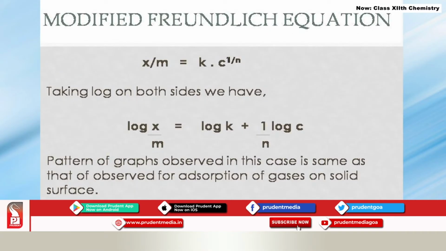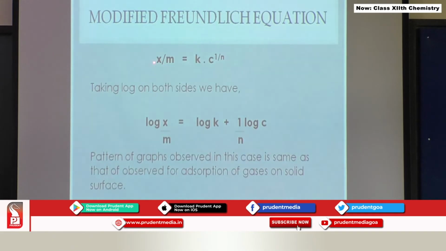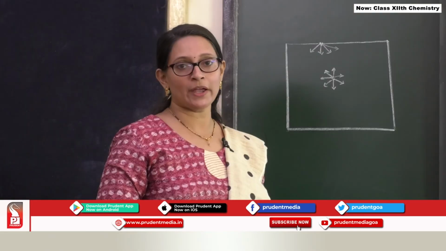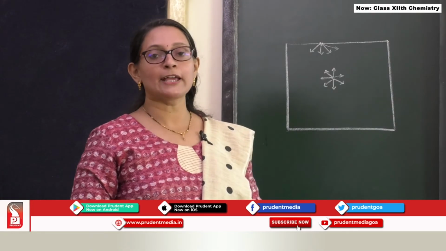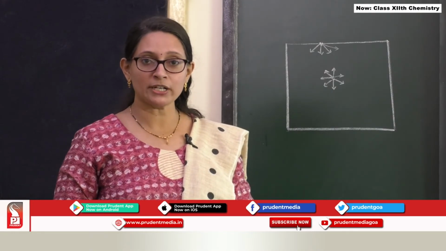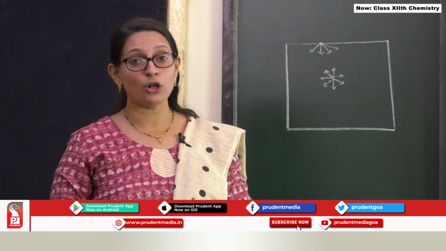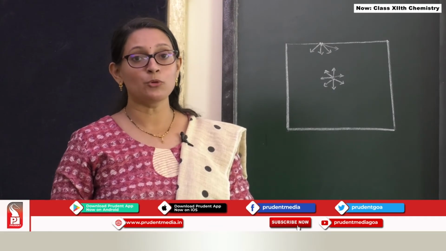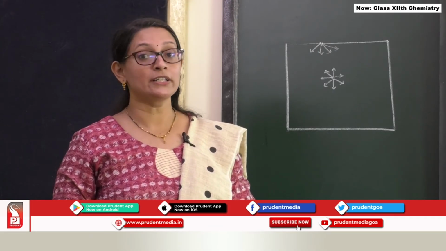So this is the modified Freundlich equation for the adsorption from the solution phase. This is x by m, that is extent of adsorption, is equal to k into c raised to 1 by n. Now this is the only modification which we have to make here, because in case of solution the most important measurable property is concentration or molar concentration, not the pressure.